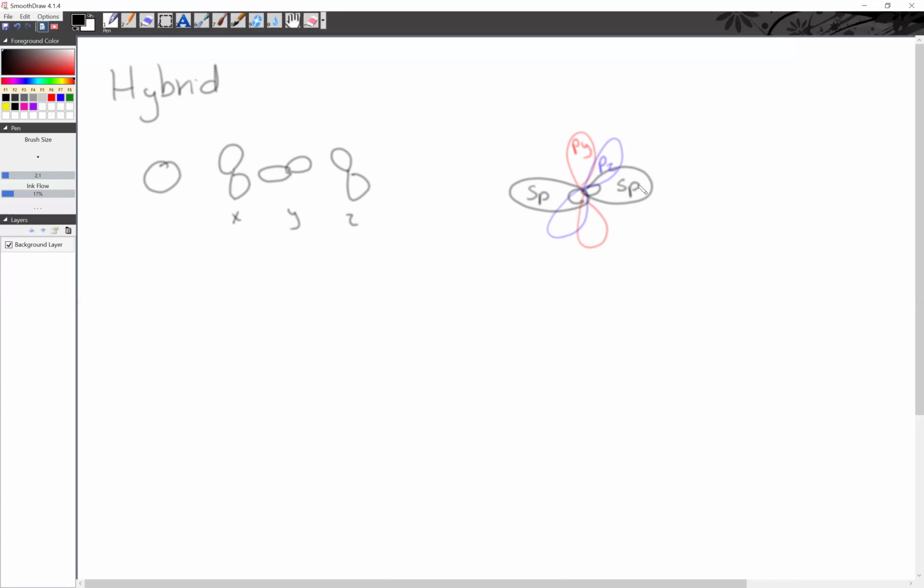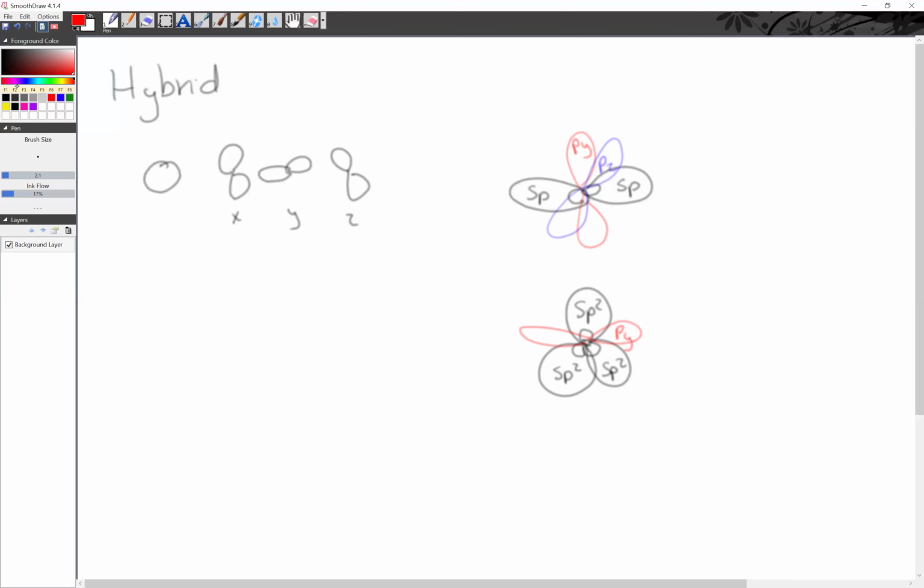If you combined three of them together, you would end up with three sp2s that all have the same energy, but you would still have, I'll just call it the PY, one leftover atomic p orbital.